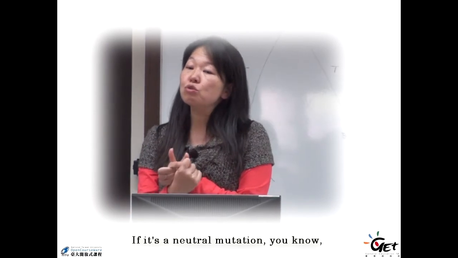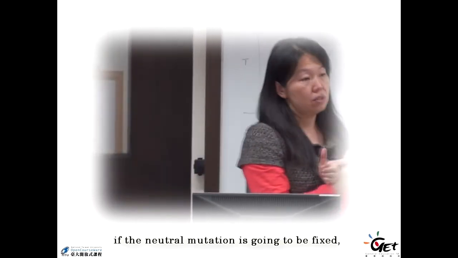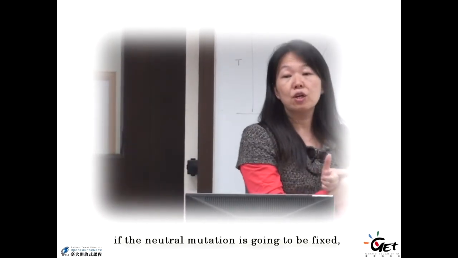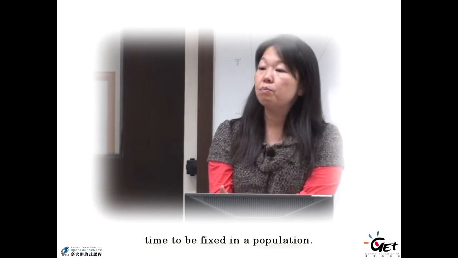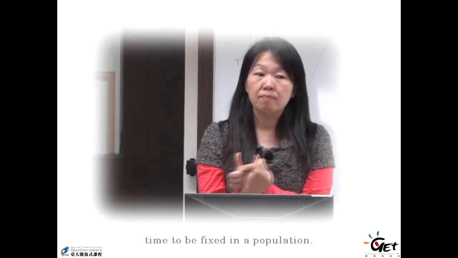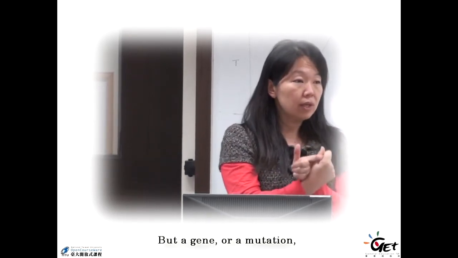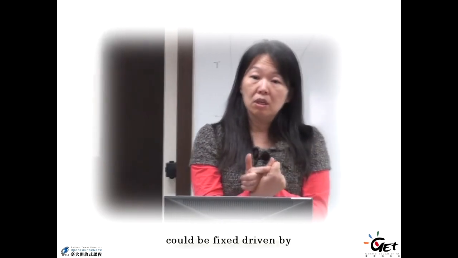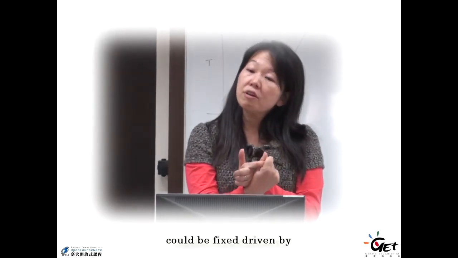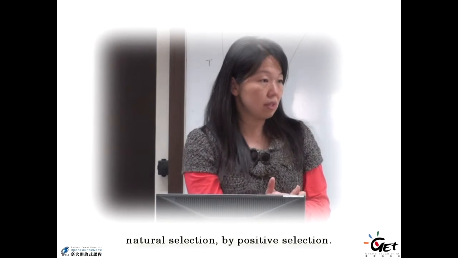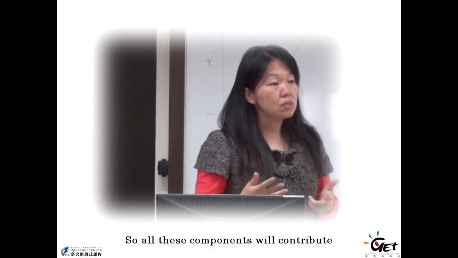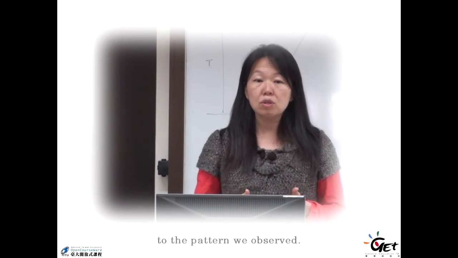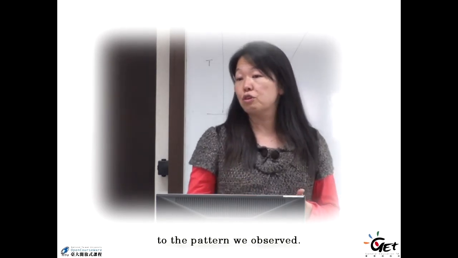If it's a neutral mutation, if the mutation is going to be fixed, it will take 4n generations to be fixed in the population. But a gene or a mutation could be fixed driven by natural selection, by positive selection. So all these components will contribute to the pattern we observe.